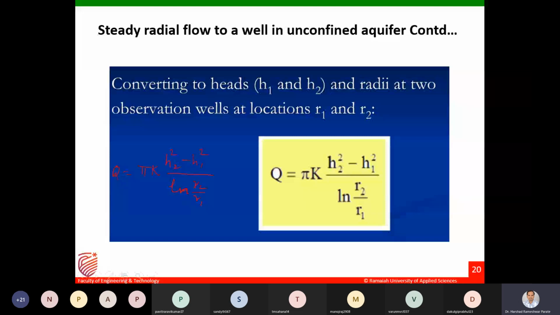So this equation we use for unconfined aquifer.